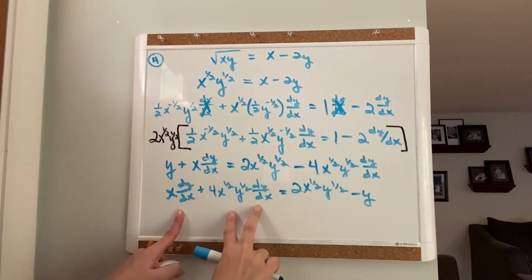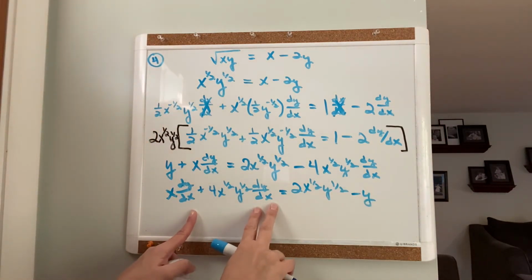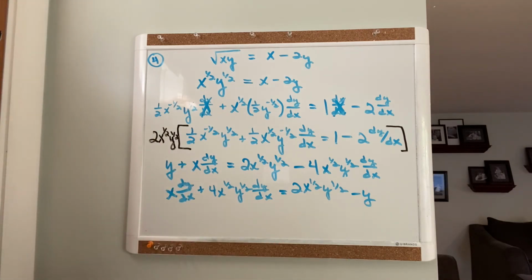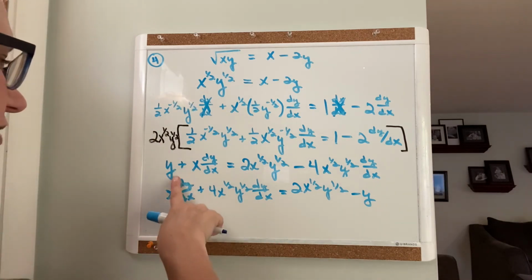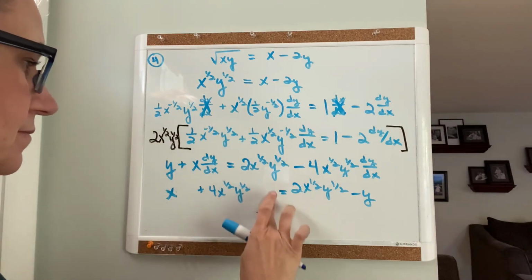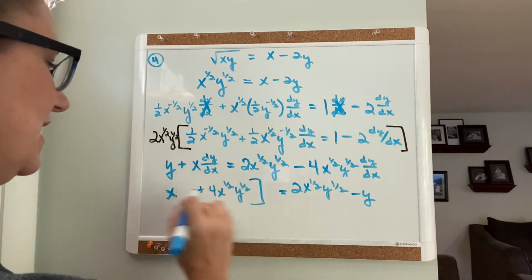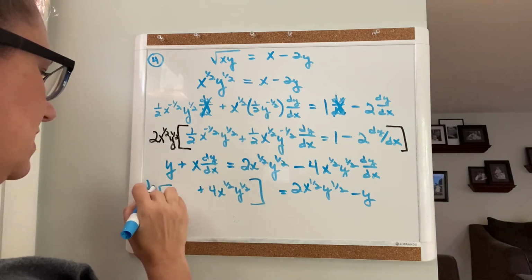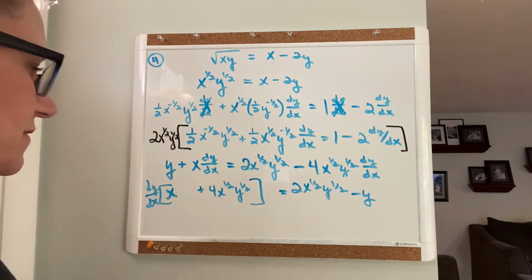All right, so the terms that have dy dx are together on one side. And again, just like the last one, I'm running out of room. So I'm going to erase the dy dx and factor that out. So we have dy dx out here.